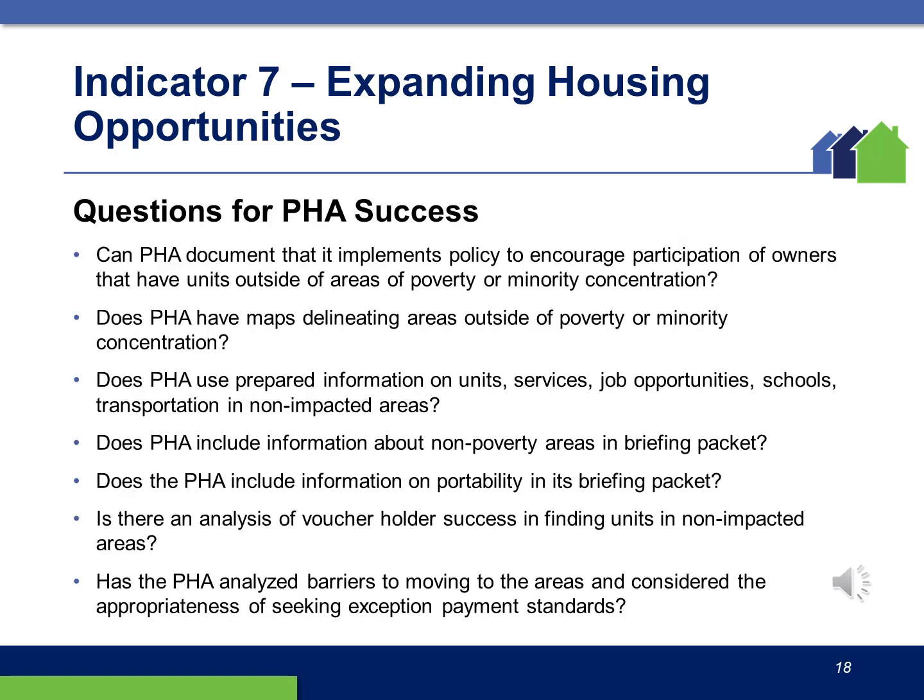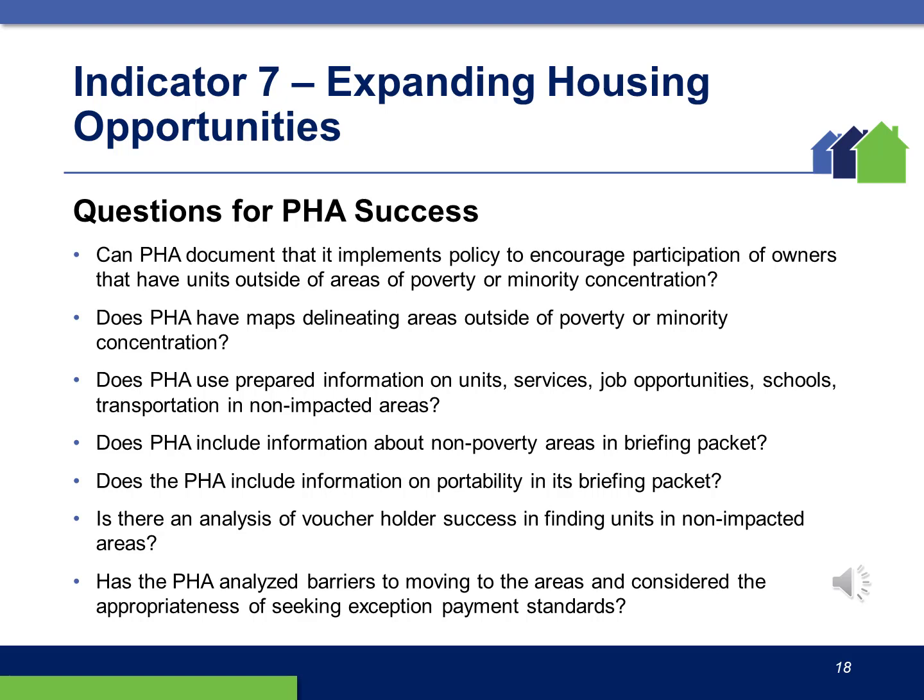The questions for success on Indicator 7 include: can the PHA document that it implements policy to encourage participation of owners that have units outside of areas of poverty or minority concentration? Does the PHA have maps delineating areas outside of poverty or minority concentration? Does the PHA use prepared information on units, services, job opportunities, schools, and transportation in non-impacted areas?